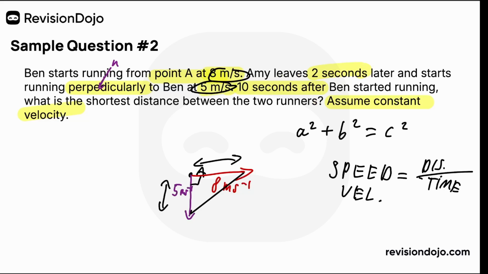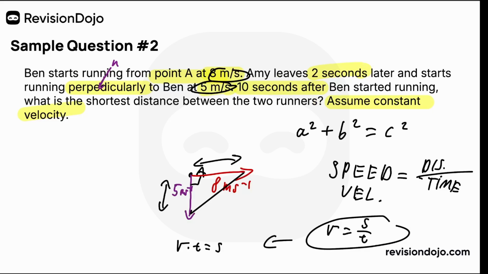So here, I'm going to show you the shorthand way of writing the equation, which is v for velocity equals displacement over time, like this. Most of the time we're going to be using velocity and displacement, so that's what I'm going to use here. But again, because it's a straight line, it doesn't really matter. So, using this equation and rearranging, to solve for displacement, we have v times t equals s. Alright, well, that's it. We need to do the math now. Little warning sign though.